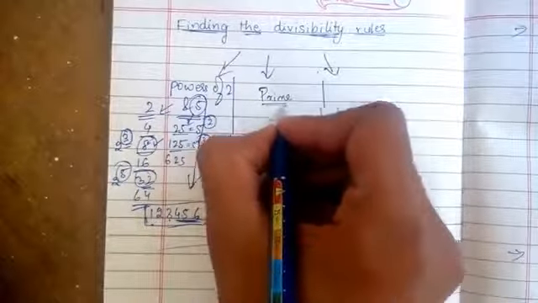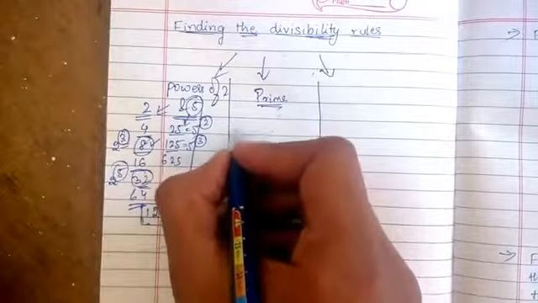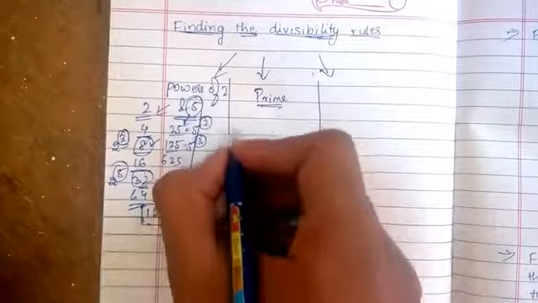The prime number category of numbers has a particular way of finding a sequence, one particular sequence.